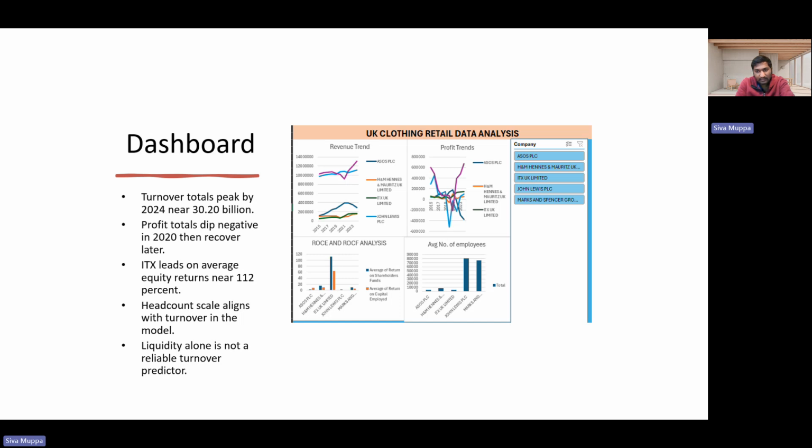Third, among the predictive model variables, workforce scale is the most correlated with turnover. Liquidity is not a predictor of turnover alone, and this confirms the use of a multi-factor approach to performance planning.